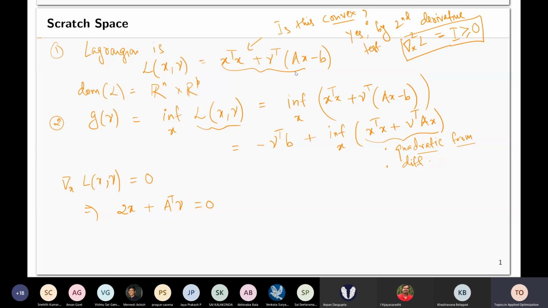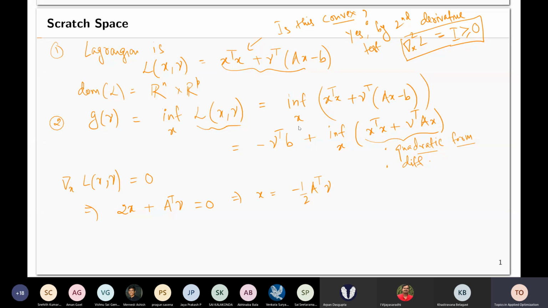Verify this. So from here I can solve for x. So x is minus half of A transpose nu, right? This is the value of x for which I get the infimum.